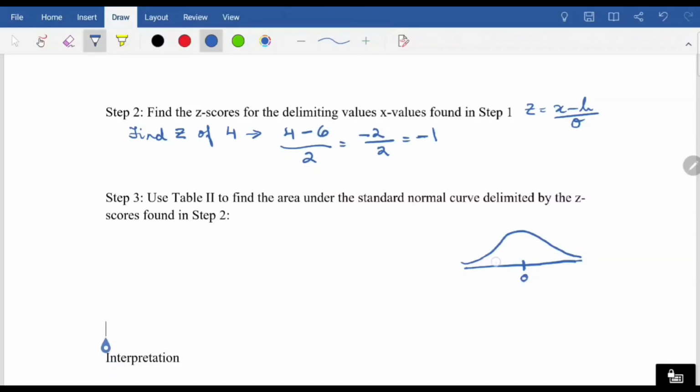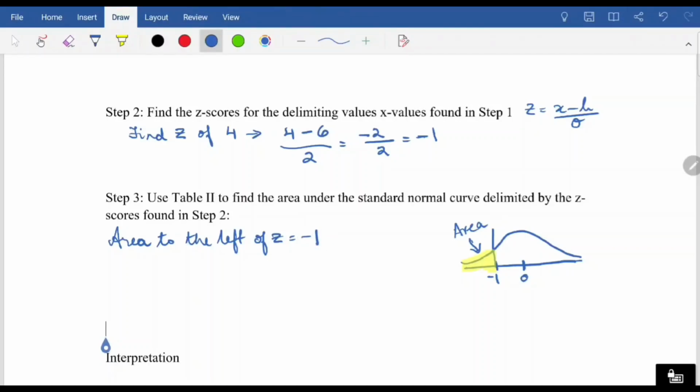Let's mark -1 somewhere here, extend the vertical line up to the curve and shade the area we are looking for. This is the area to the left, correct? So that makes things easy for us. Area to the left of z equals -1.